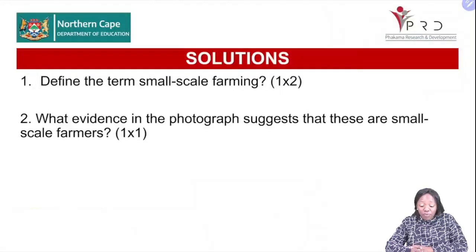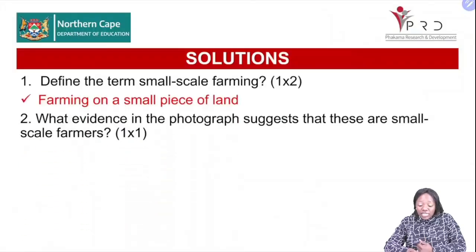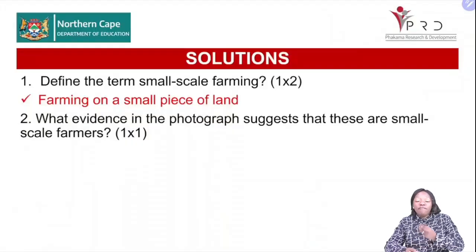Right, girls and boys, looking at our first question, we are supposed to define what small-scale farming is. So we are saying it's farming on a small piece of land. Remember, one can even add: farming on a small piece of land with the purpose of making a profit.